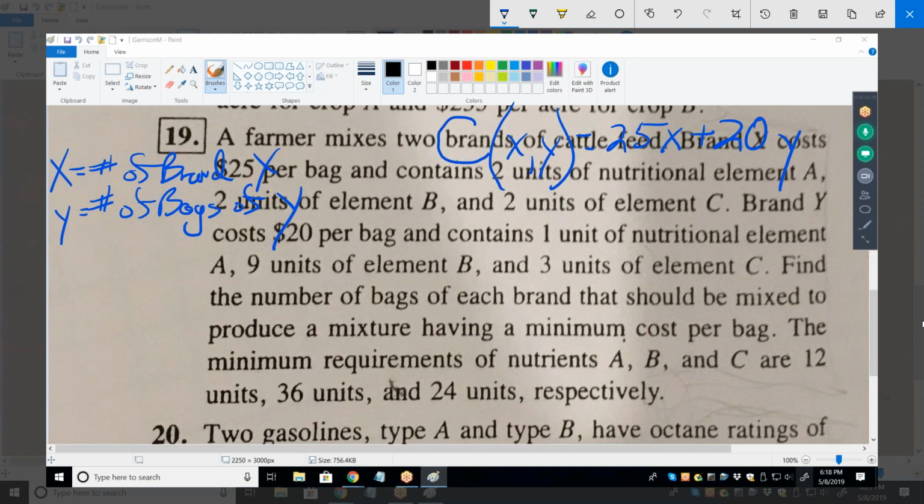Now, constraining linear equations here. Let's find the restraint for element A. So 2x plus 1y should be greater than or equal to 12.